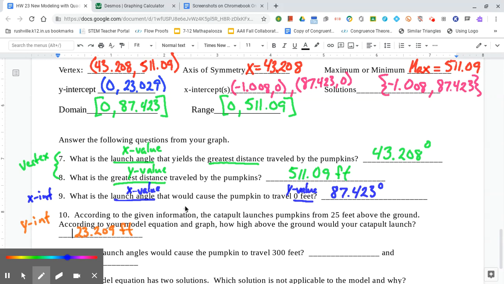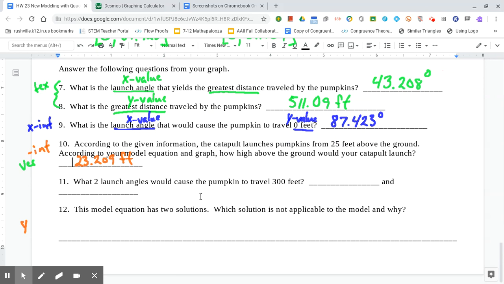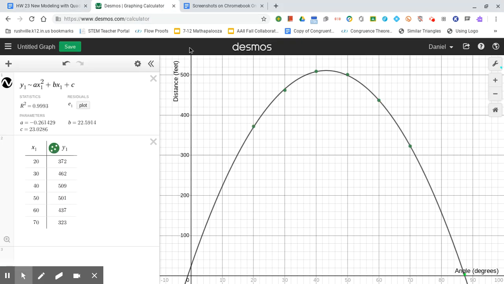We are going to talk about the launch angles that cause the pumpkin to travel 300 feet. And notice here it says what two launch angles. So we are being told that there are two different angles that would cause the pumpkin to travel 300 feet. And we know that based on the graph.